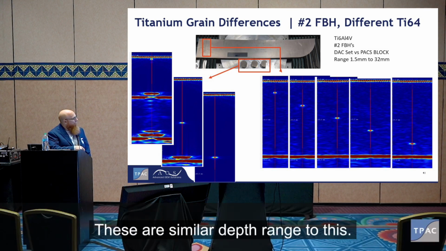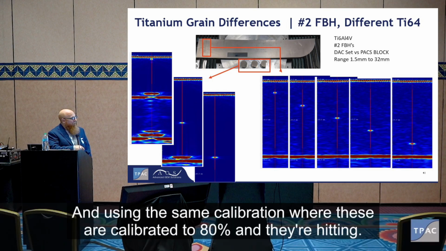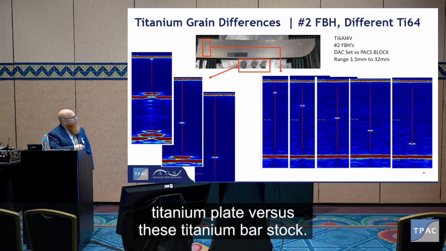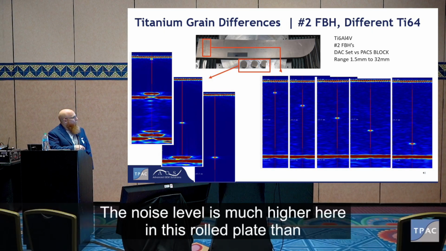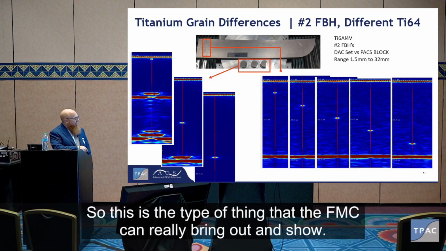These are a similar depth range to this, using the same calibration where these are calibrated to 80%. You can see the difference in the background grain structure of this titanium plate versus these titanium bar stock. The noise level is much higher here in this rolled plate than it was in this bar stock. So this is the type of thing that the FMC can really bring out and show.